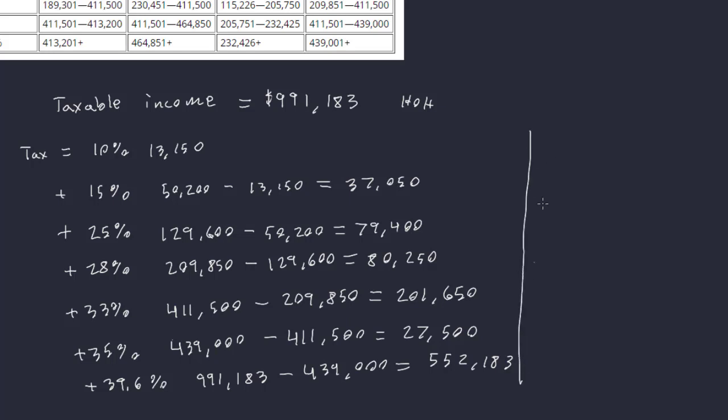So the tax, I'm going to do it vertically down this way.